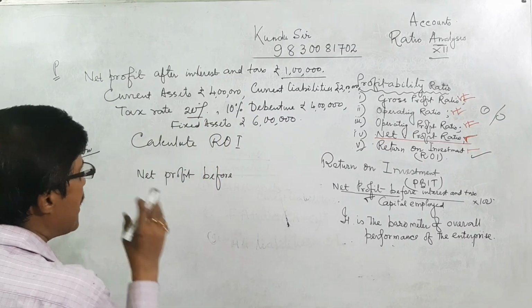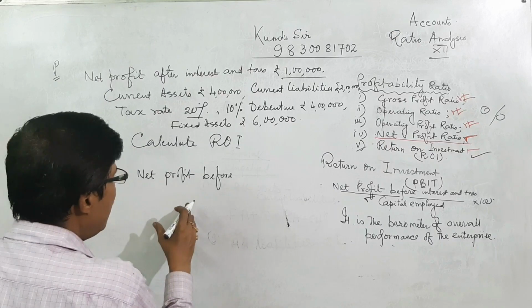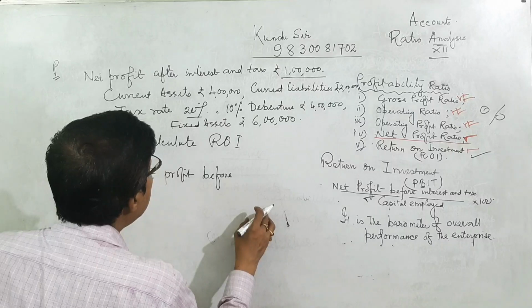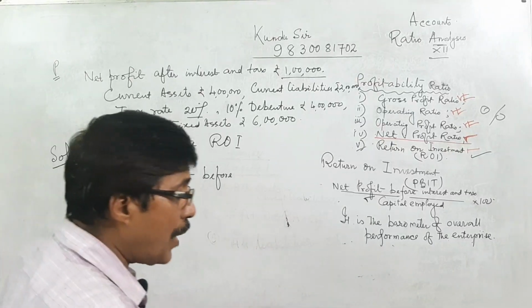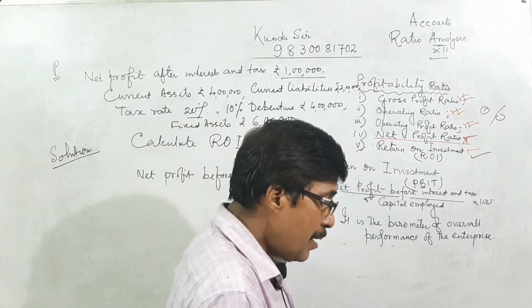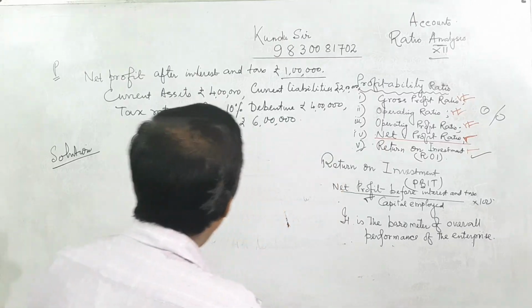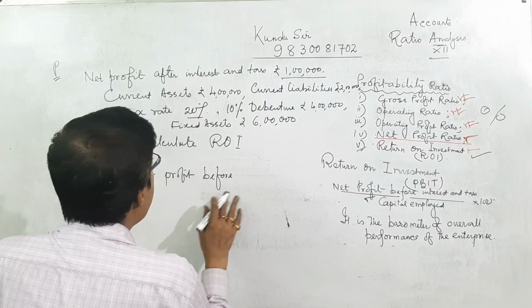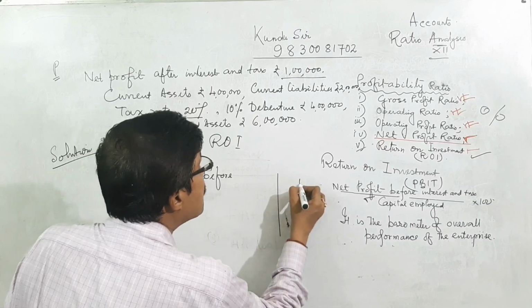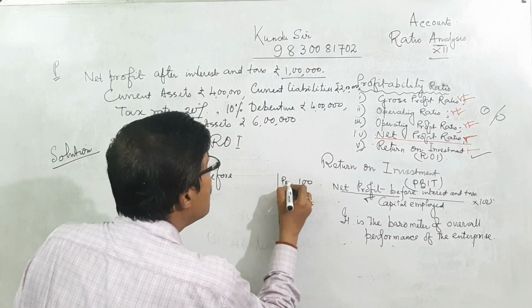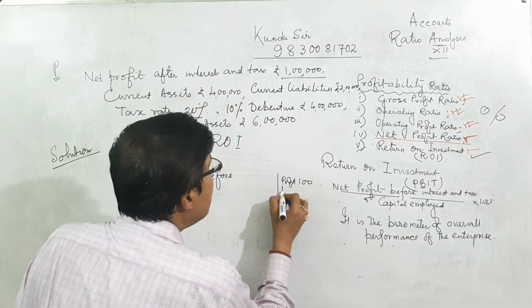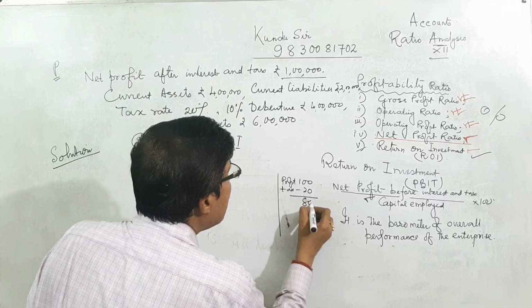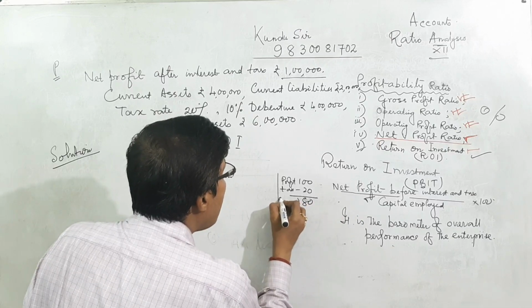That means if net profit is 80, then before tax it is 100 and tax is 20.